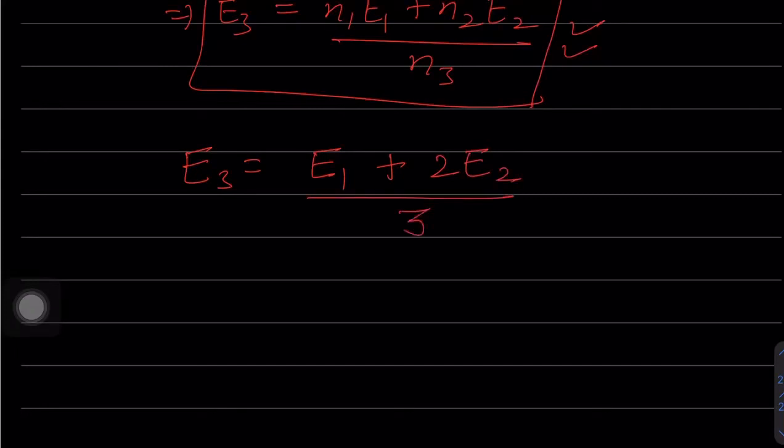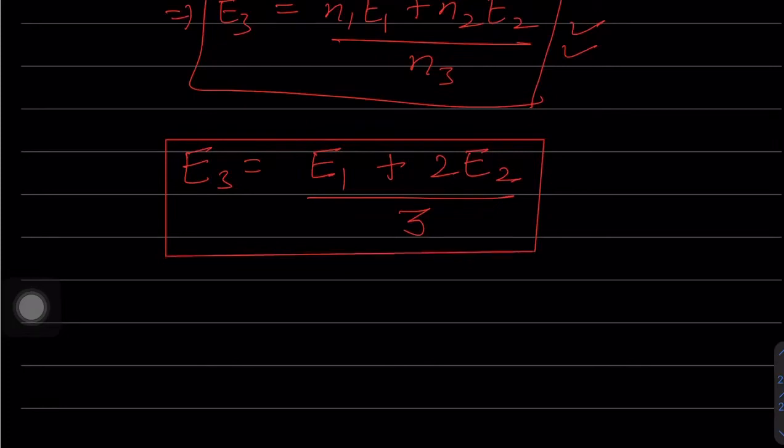This will be the value of E3 for the final reaction. Everybody understands that very well. Okay, this way we can write it. This is our answer. I hope you understood every part of this.